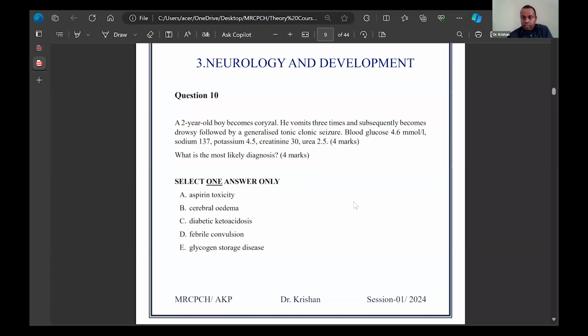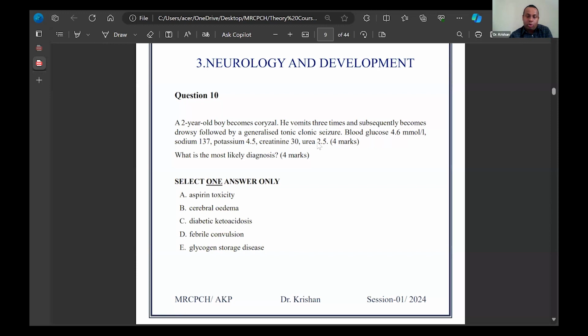Right. Okay. So to make things easier, I would say urea, creatinine, sodium, potassium, sugar, they are all normal. So if that is the case, what do you think is the diagnosis here?